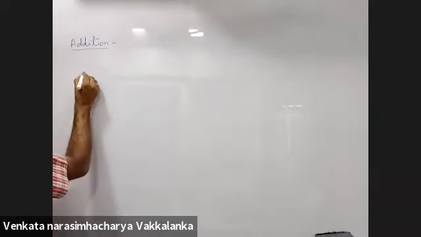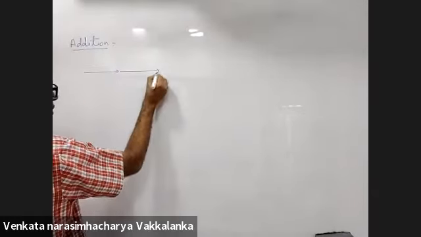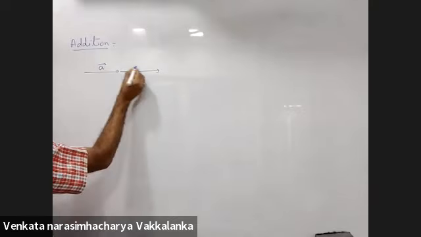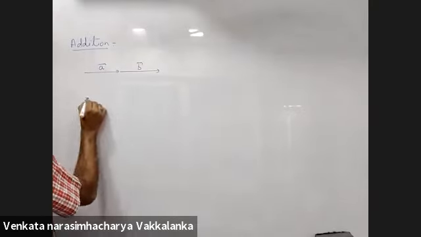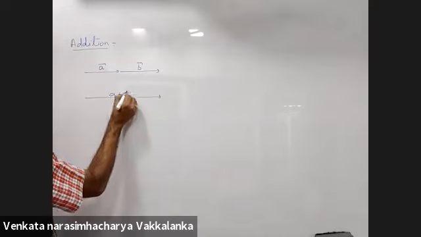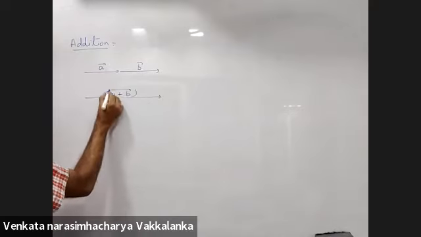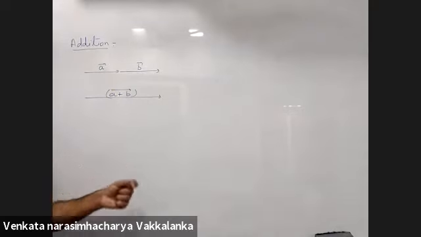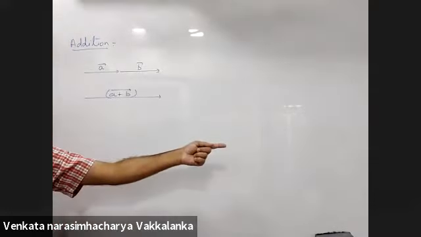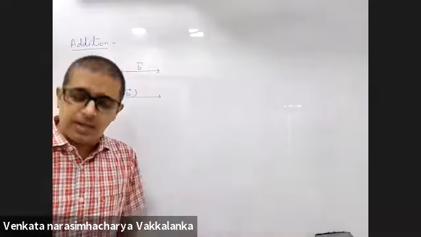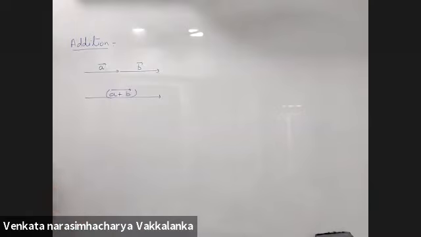Addition of two vectors. If two vectors are in the same direction, addition will be the easiest. I'll add them numerically. This is the easiest thing that can happen.